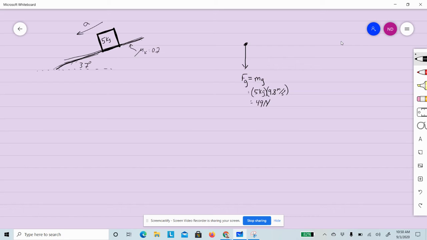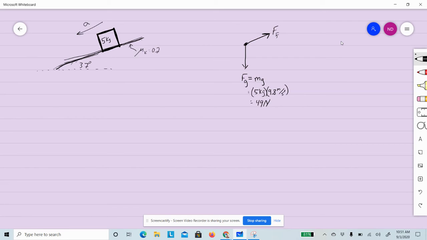Now, it's accelerating down the ramp. You're told there's a coefficient of friction between the two, so there's a force of friction. If it's moving down the ramp, the force of friction is up the ramp. We don't know what that is yet, but it's in that direction, always opposing motion. And it's not moving straight down towards the center of the earth.